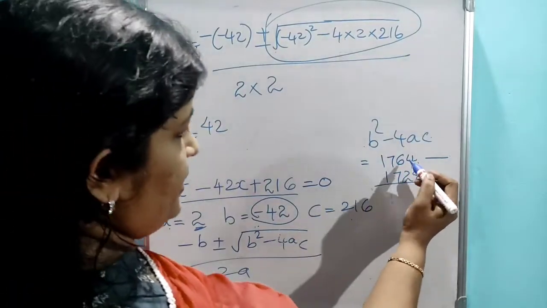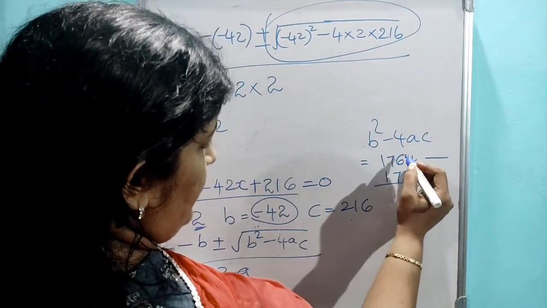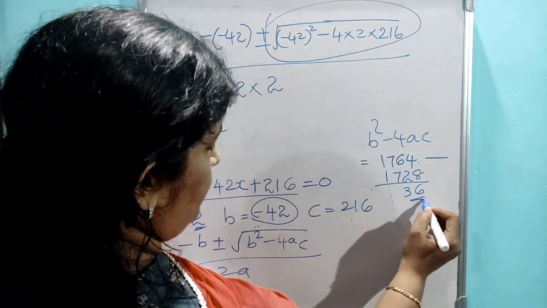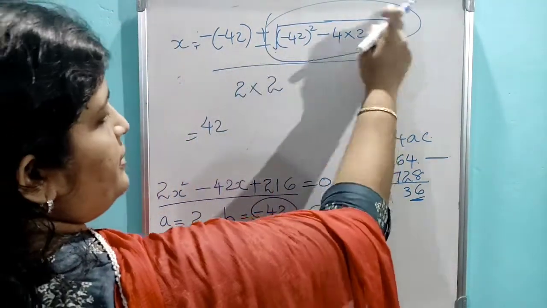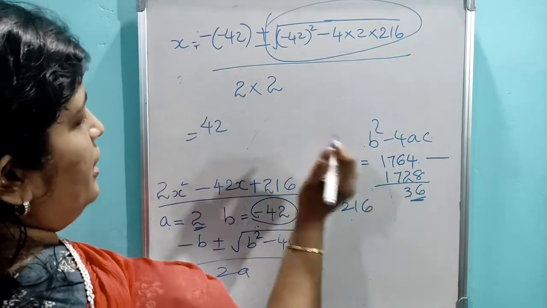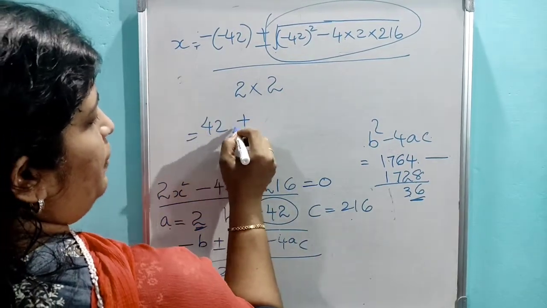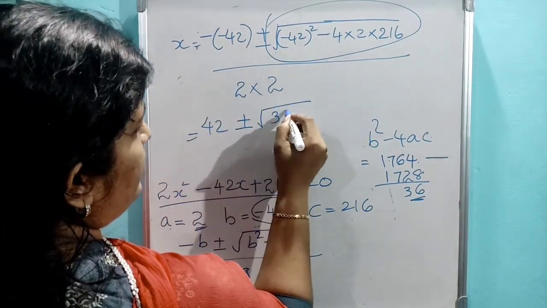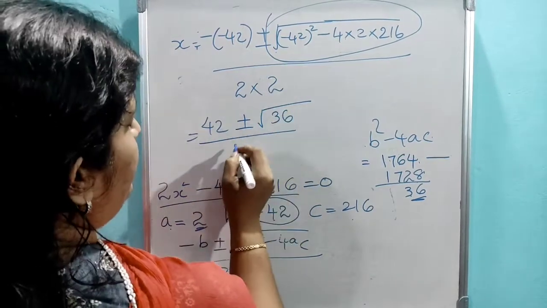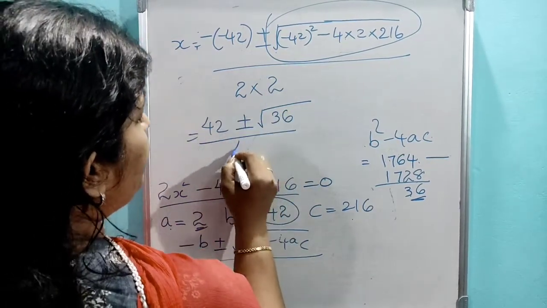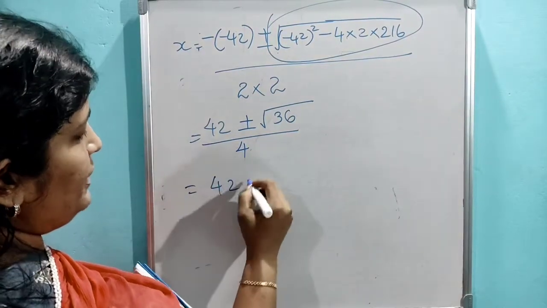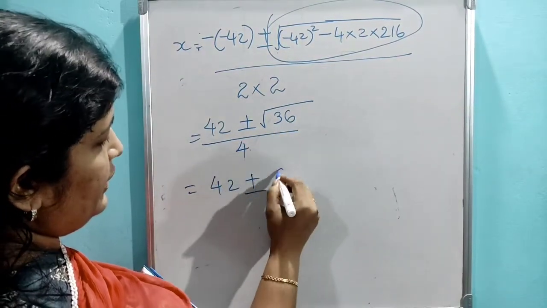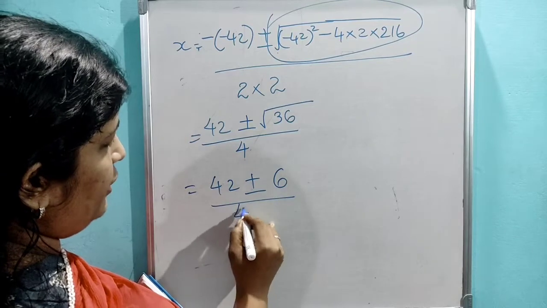Let us subtract this: the result is 36. So we have 42 plus or minus root 36, which is 6, divided by 2 into 2, that is 4.